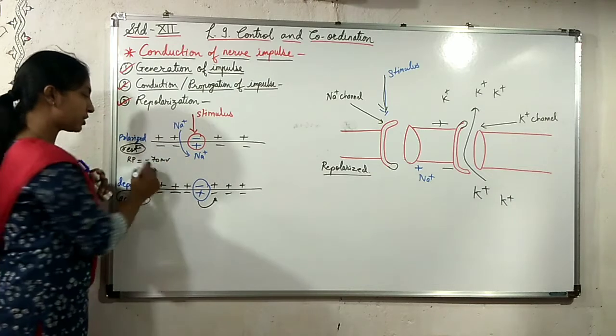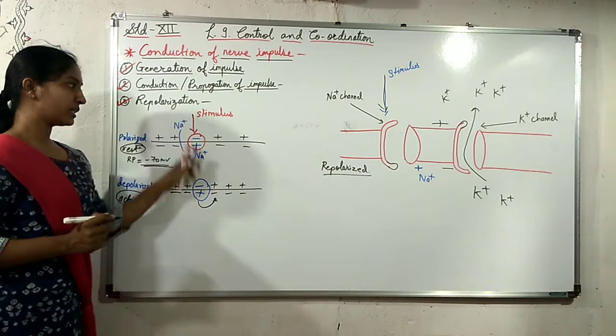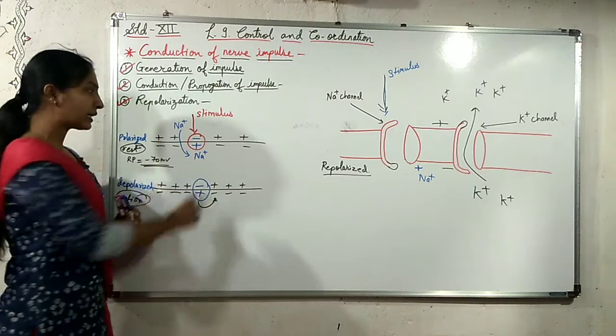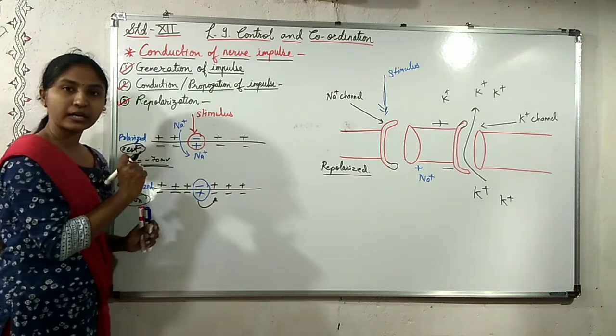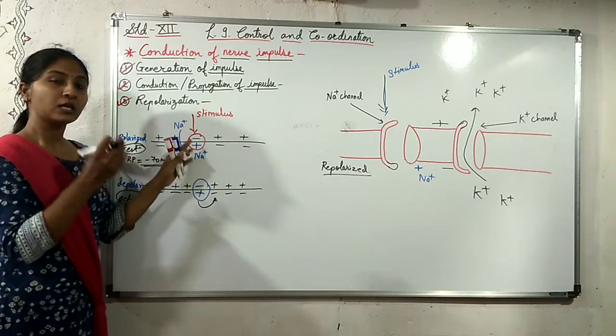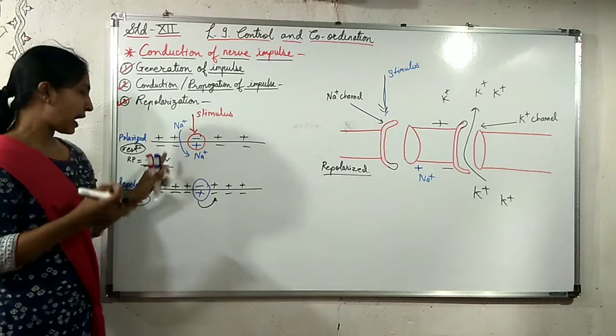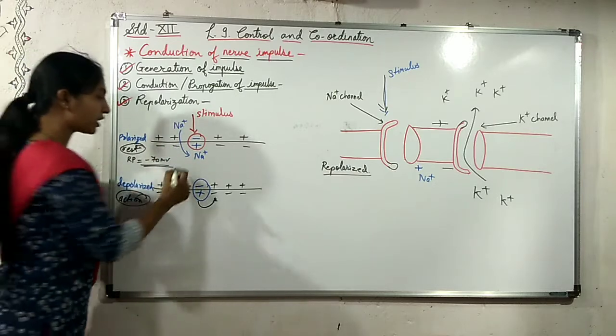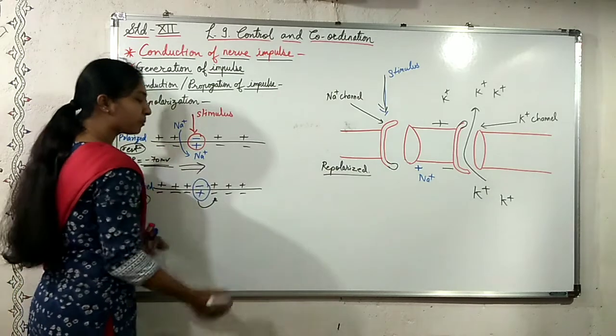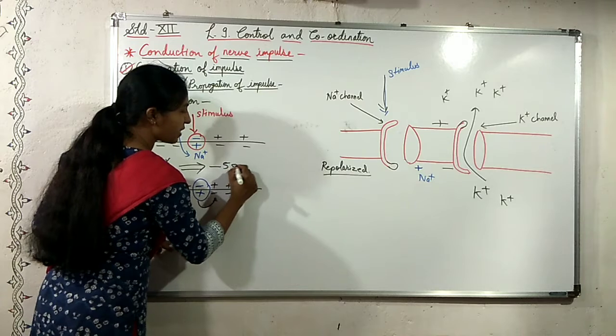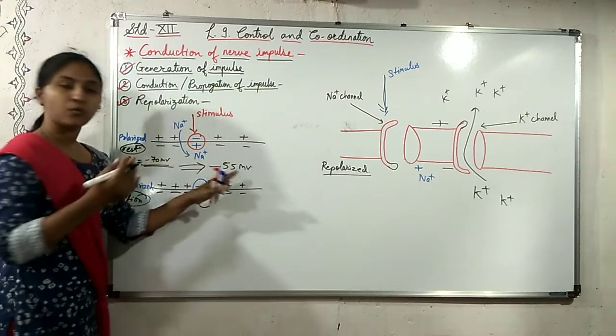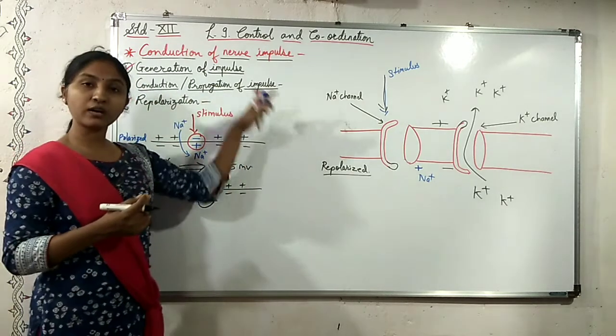When the stimulus was given, the impulse was generated. The voltage was received, and the resting potential changed into the action potential, that is minus 55 millivolts. We have seen this through the graph.